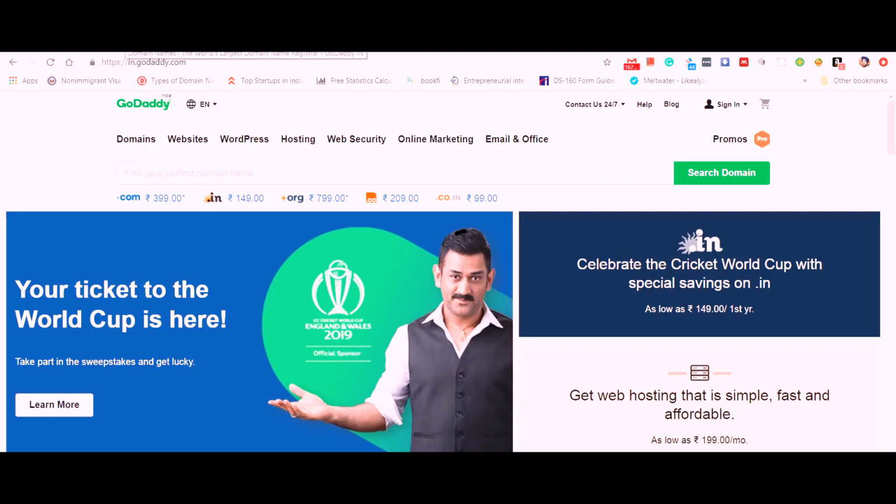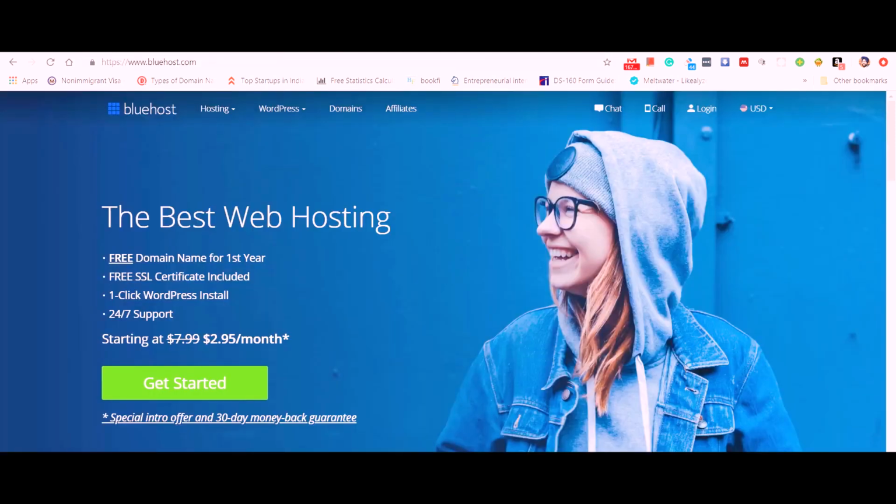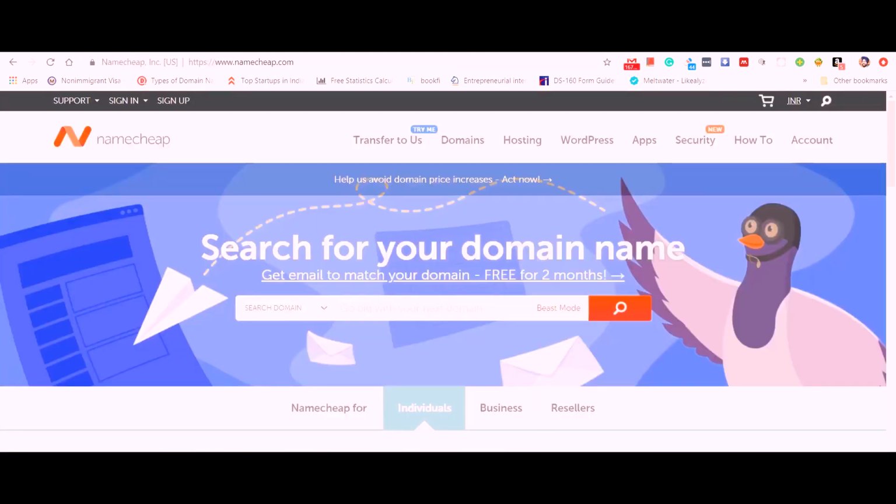There are so many domain registrars in the market, like GoDaddy.com, Domain.com, Bluehost.com, Namecheap.com and so on, from where you can buy the domain. Before taking the final decision, compare the pricing plans, services and customer care feedback.